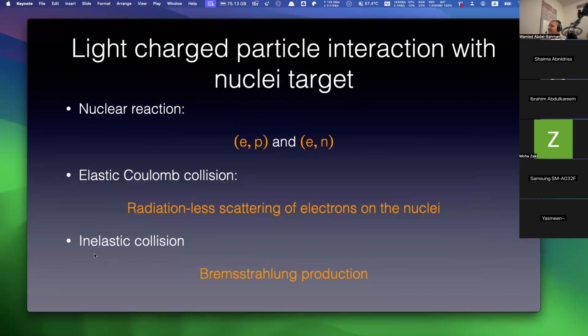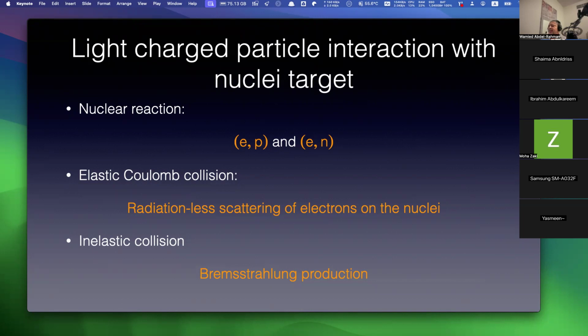And finally, we have inelastic collision, where the electron interacts with the nucleus and is scattered, and then bremsstrahlung radiation is produced in this case.